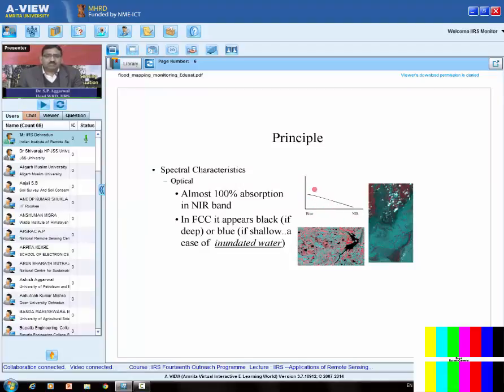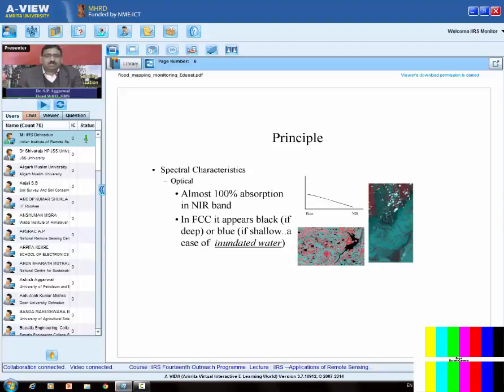What you see here, entire energy is absorbed, especially 100% energy is absorbed in the NIR region. So if you compare with the vegetation, in NIR region, vegetation reflects around 50%, while water reflects only maybe 1% or sometimes 0.5%. It means in any FCC which is of NIR, red and green band, water appears black. You can see in this imagery, all the water body appears black.